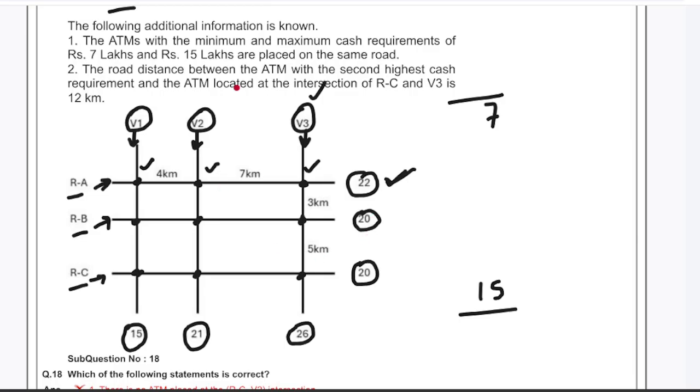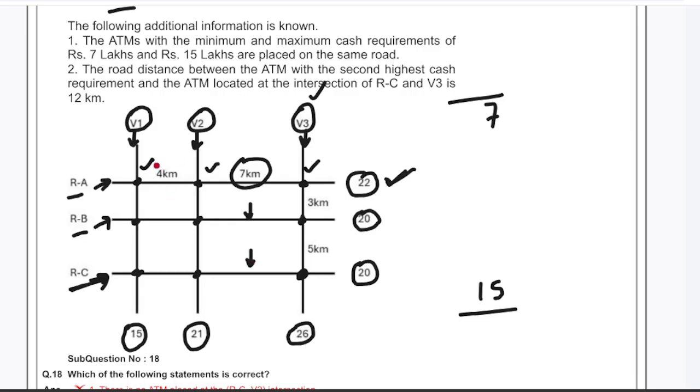The road distance between the ATM with the second highest cash requirement and the ATM located at the intersection of RC and V3 is 12 kilometers. The RC road and V3 road, the intersection point is this. The road distance is 12. So 5 and 7, 12, because the distance given to us is 7, this is also 7, this is also 7.